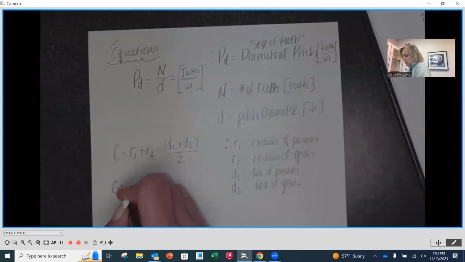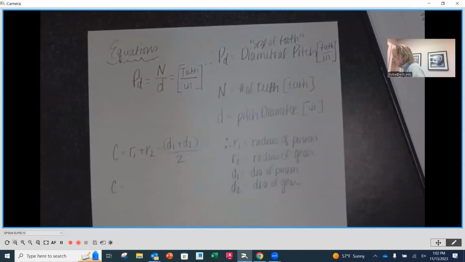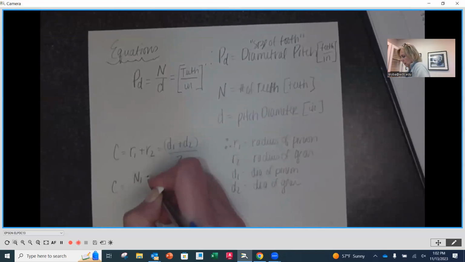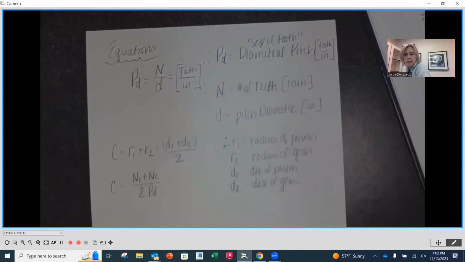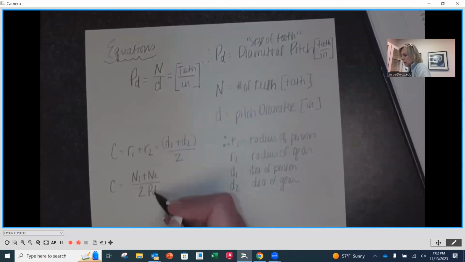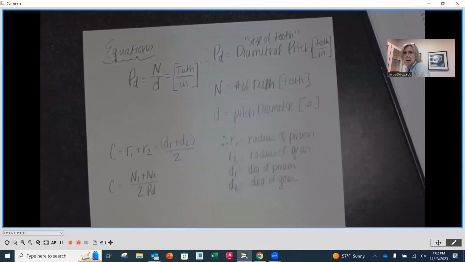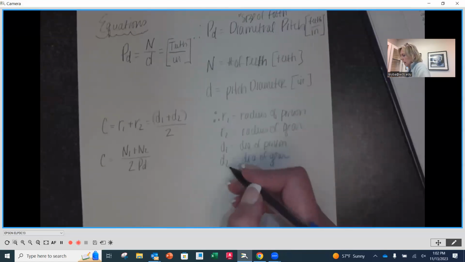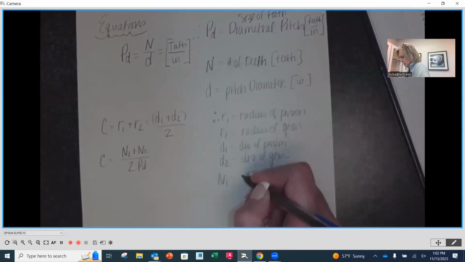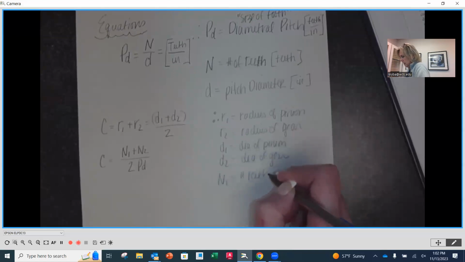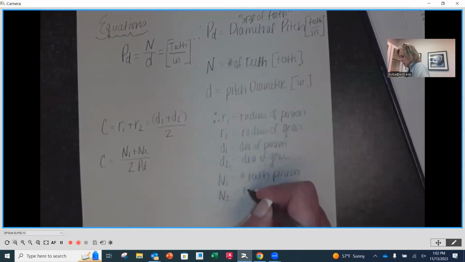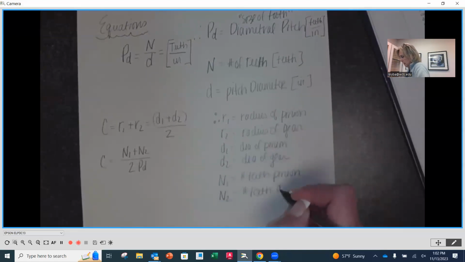The other equation that we can use is C is equal to N1 plus N2 divided by 2 times the diametral pitch. We know that the diametral pitch is the size of the tooth, so that's up at the top here. N1 is going to be the number of teeth on the pinion, and N2 is going to be the number of teeth on the gear.